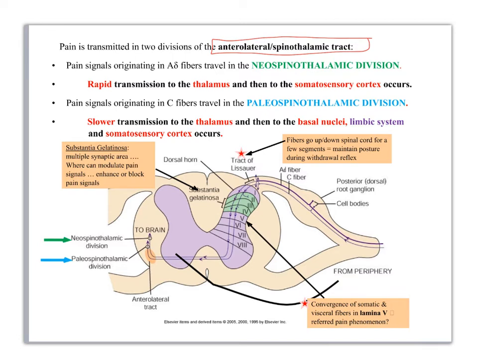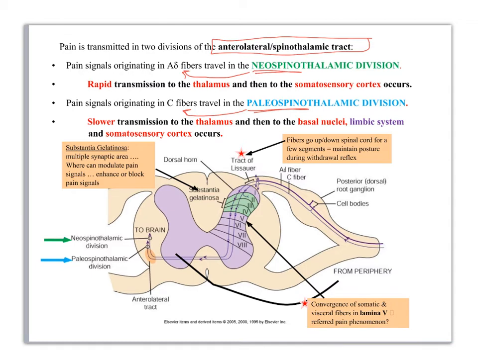It can be called the anterolateral tract or the spinothalamic tract. That can technically be divided into the neospinothalamic and the paleospinothalamic. The paleospinothalamic is going to contain C fibers, and the neo is going to contain A deltas.